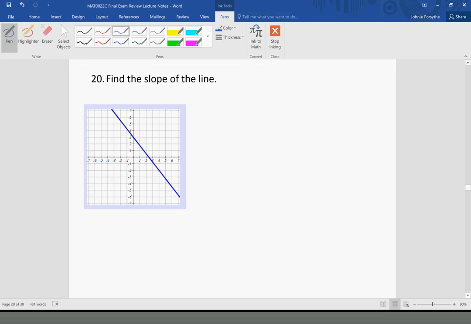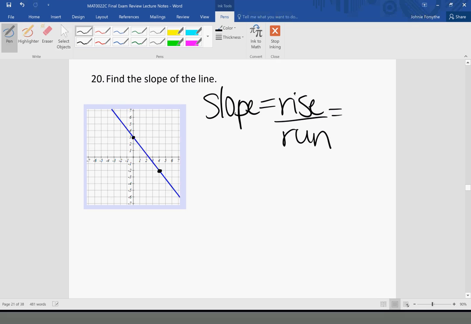So this one, find the slope of the line. I just took a screenshot of it from MAT0022C. The best way to do this is to find two clear points. So like, we'll go with this and that. Remember, slope is rise over run, which means your movement from one point to the other, up or down, divided by left or right.